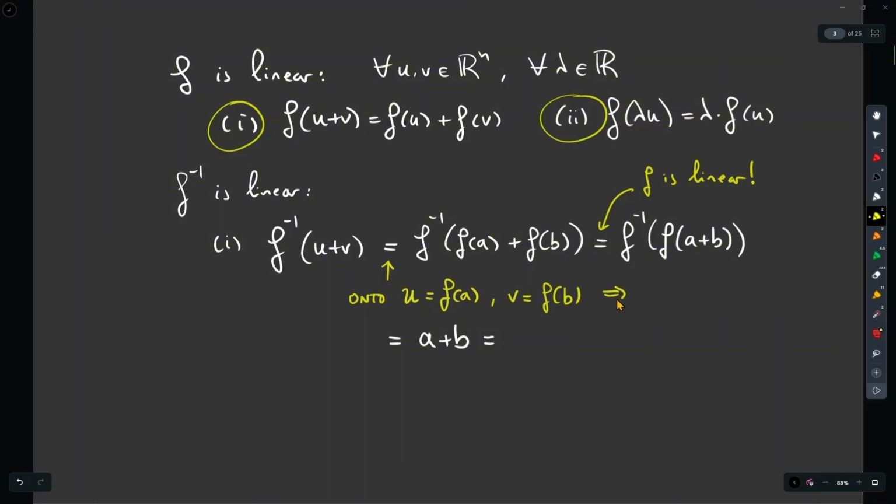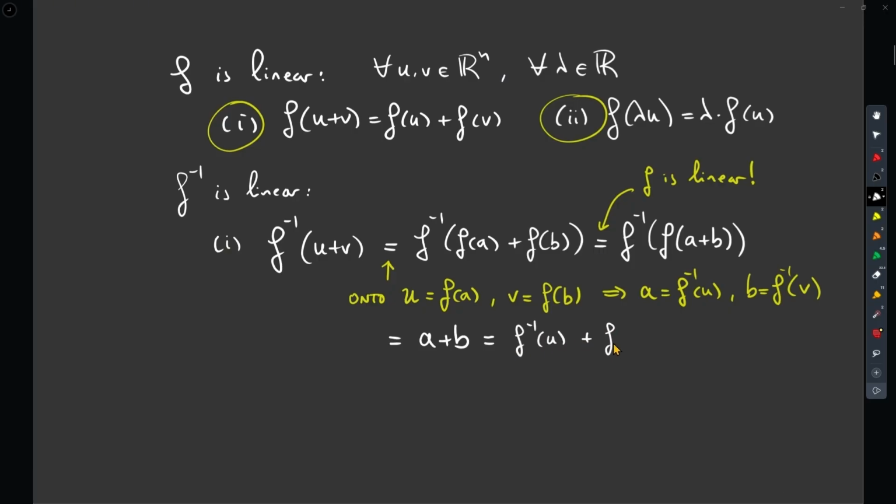Here also, if u is equal to f of a, then a is f inverse of u, and b is f inverse of v. So I can substitute for a, f inverse of u, and b is f inverse of v, and that is precisely the property of linearity, that the map applied to a sum is the sum of the map applied to each element.